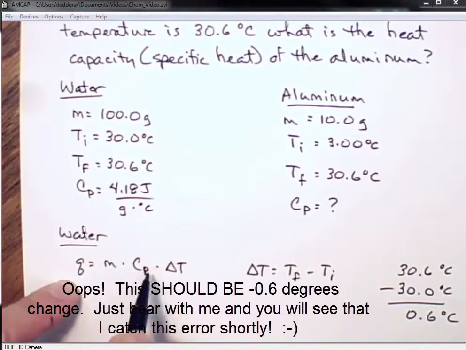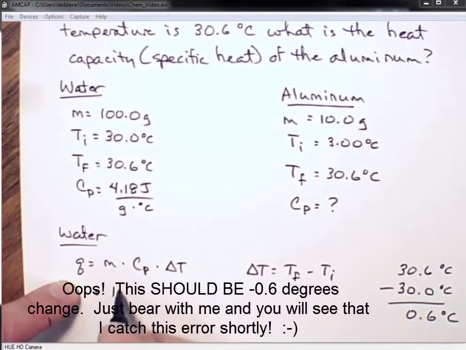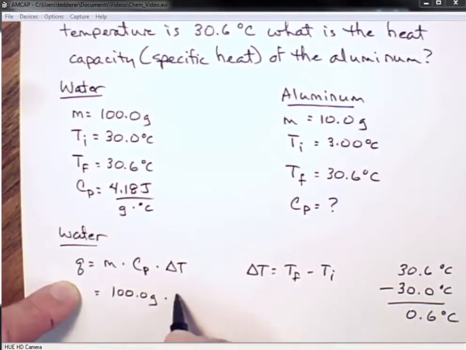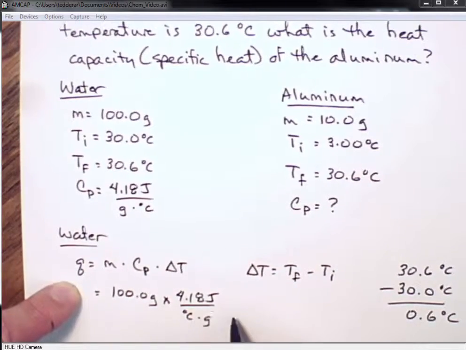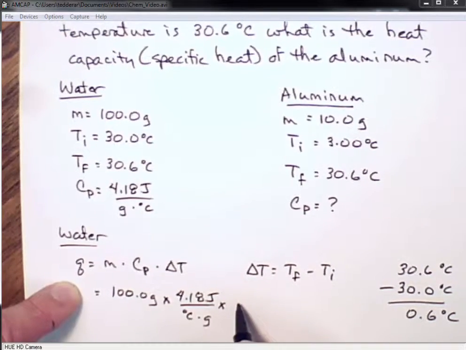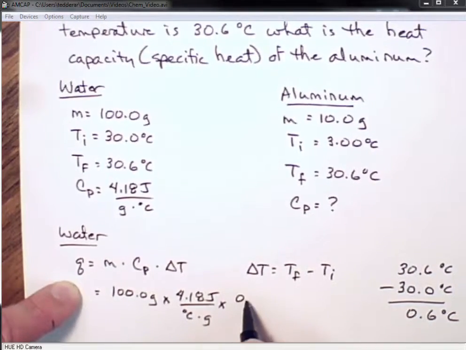Now we're ready to plug in all the values that we have. We have a mass of 100 grams. We have a specific heat of 4.18 joules per degree C per gram. You can put grams in front of degrees C, it doesn't really matter.